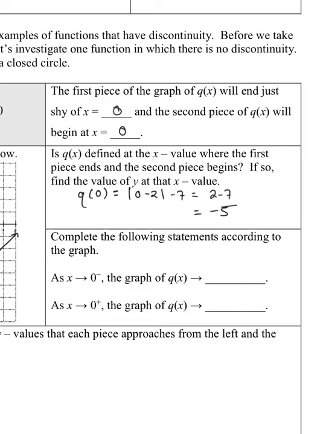Negative 5. As x approaches 0 from the right, the graph approaches what? Negative 5 as well. So here we have negative 5 and negative 5.